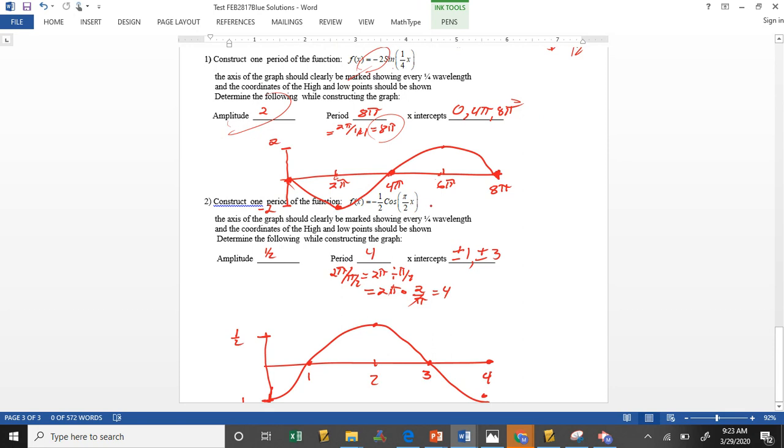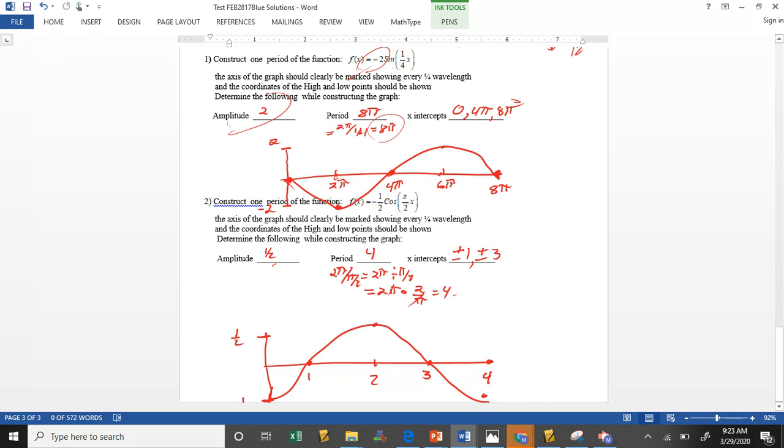And the last one, let's see. Negative 1/2 the cosine of pi over 2 x. The amplitude is 1/2. The period is 2 pi divided by b, so the b term is pi over 2. 2 pi divided by pi over 2 becomes 4.